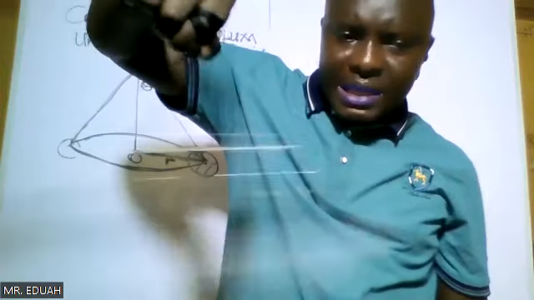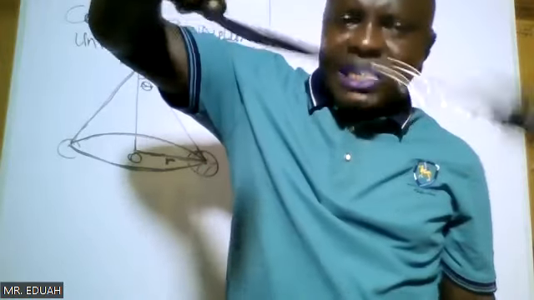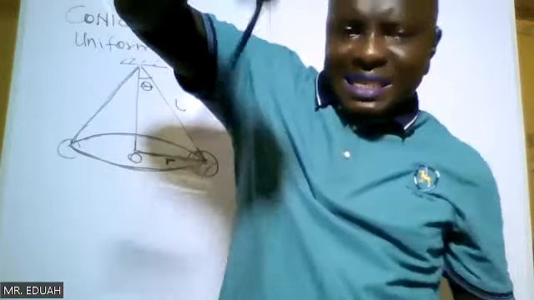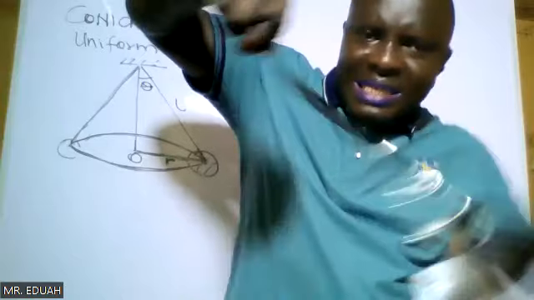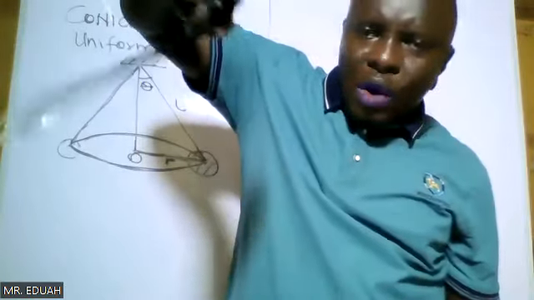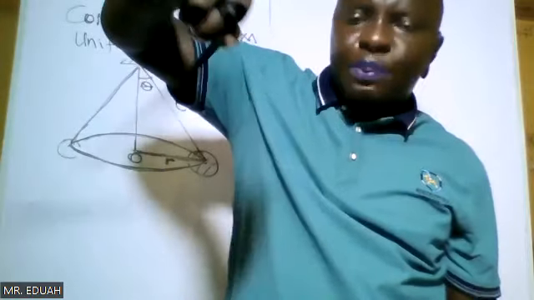Class, do you see it? Please. The string cuts the shape of a cone, and the mass describes a circular path. This is the support, okay? And so this arrangement is what we call a conical pendulum.